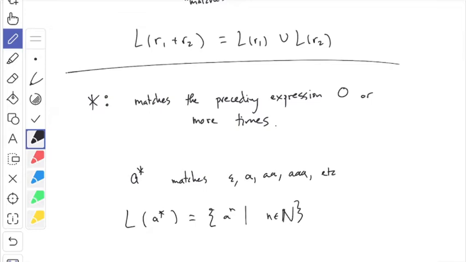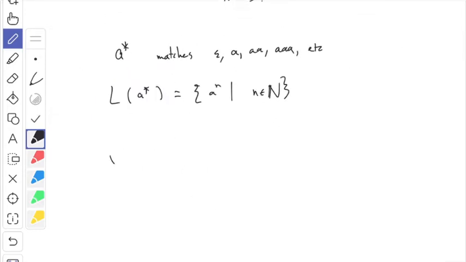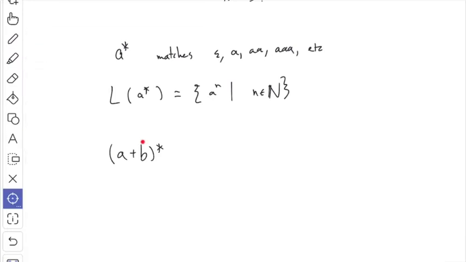Here's why the word repetition is not always great to describe this. If you do A plus B star in parentheses, what this means is it will match anything that looks like this 0 or more times.